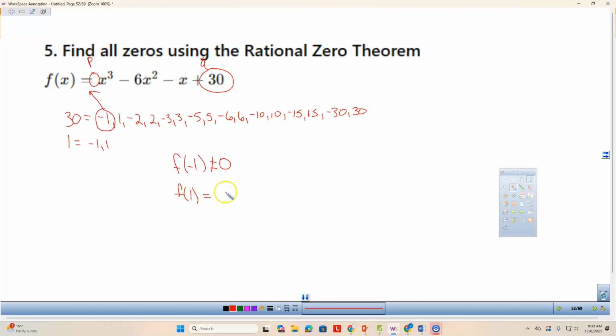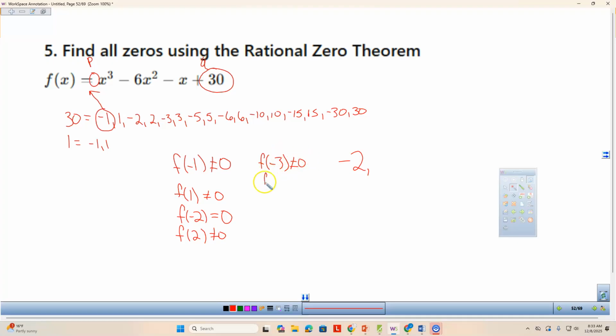f of 1 is not 0. f of negative 2 is, yes, 0. So negative 2 is one of my zeros. f of 2 is not 0. What's f of negative 3?